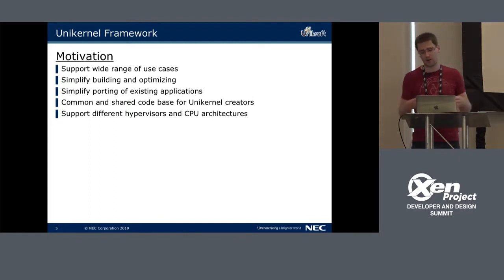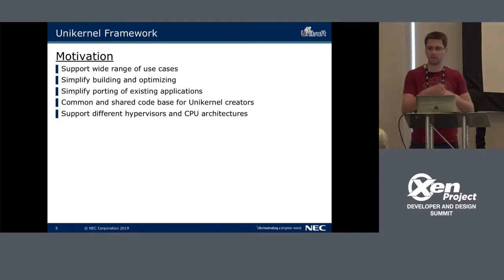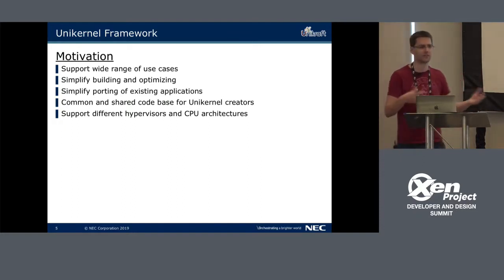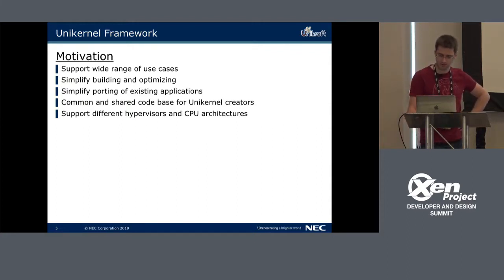We wanted a common and shared code base so that other unikernel projects can make use of it and contribute back to individual pieces, so that the whole open source thing is beneficial for all projects. For example, if one is developing a specific driver, other unikernel projects can just use it. And of course we want a really wide range of hypervisor and CPU architecture support.